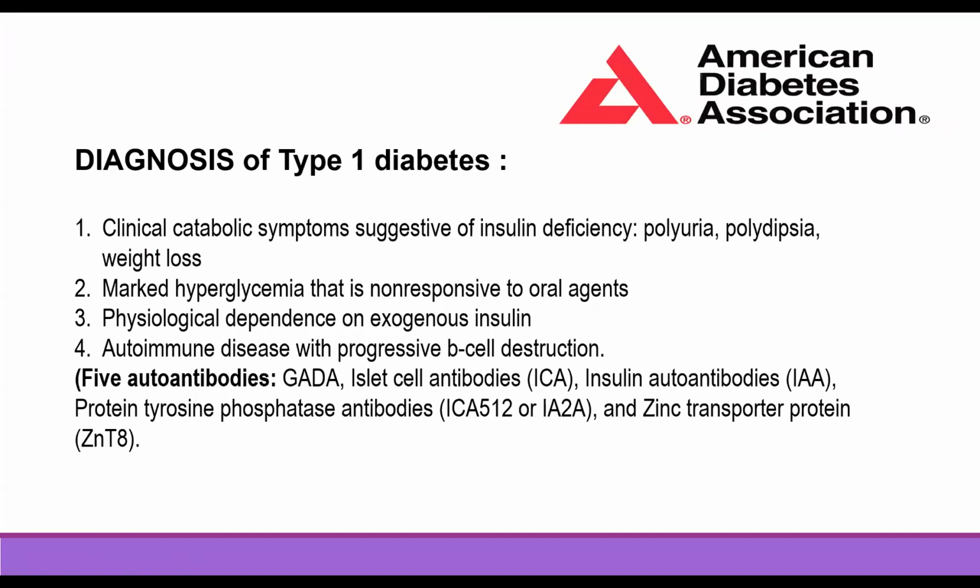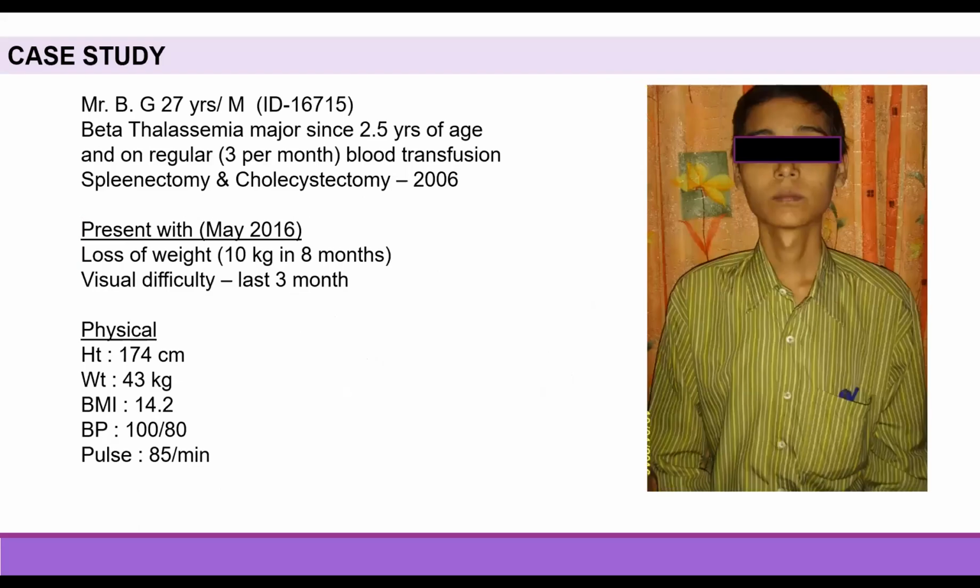A young patient not responding to oral anti-diabetic drugs, who comes with the classic manifestations of polyuria, polydipsia, polyphagia, marked hyperglycemia, non-responsive to oral agents, and with dependence on exogenous insulin, indicates that we are dealing with type 1 diabetes. Only in rare cases do we test C-peptide and autoantibodies to get confirmation.